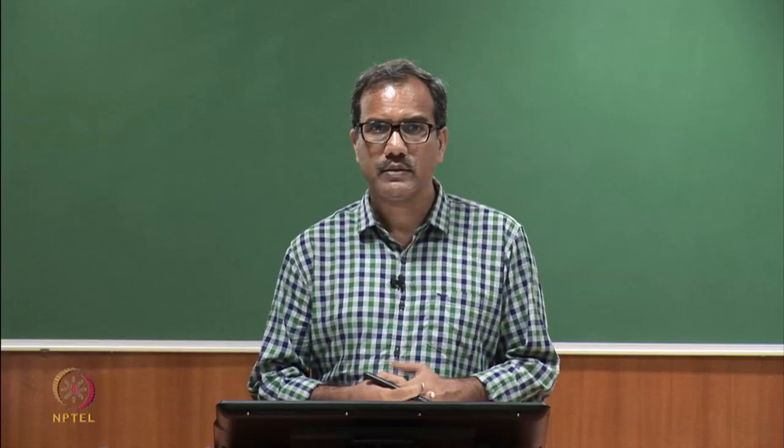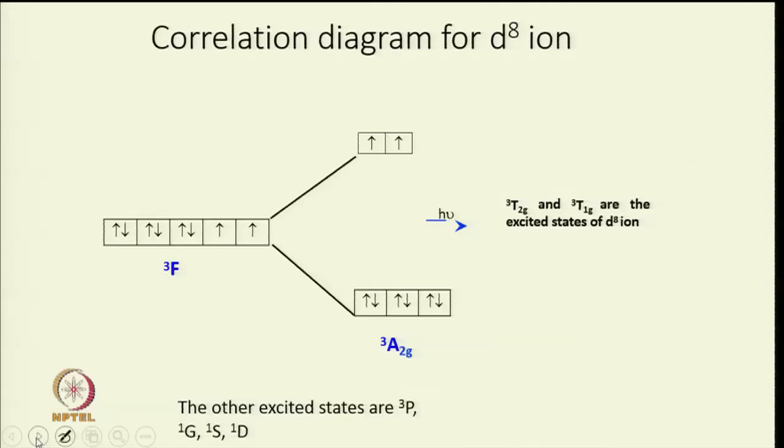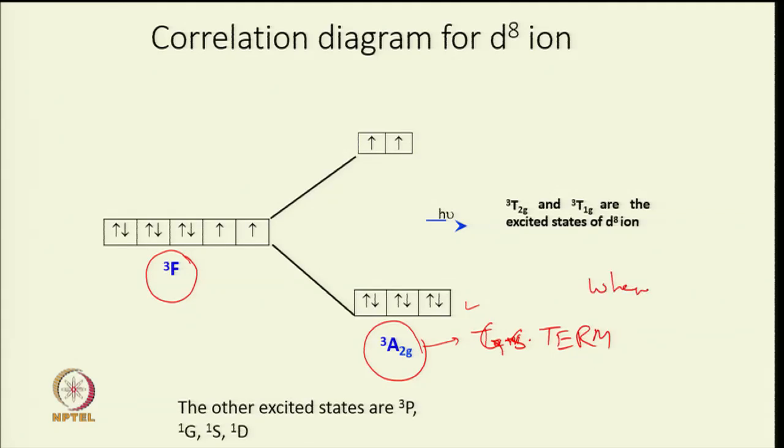Okay. Now, let us look at the correlation diagram for d8. For d8 again 3F is the ground state, and 3A2g will be the ground state term when your ligand approaches in an octahedral field.